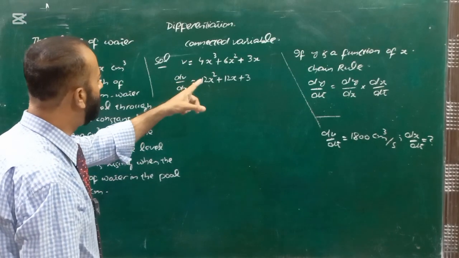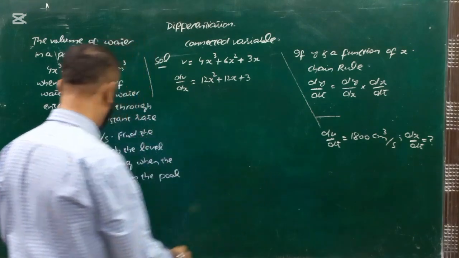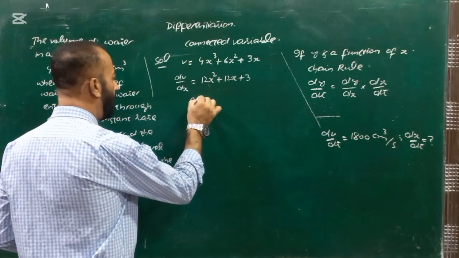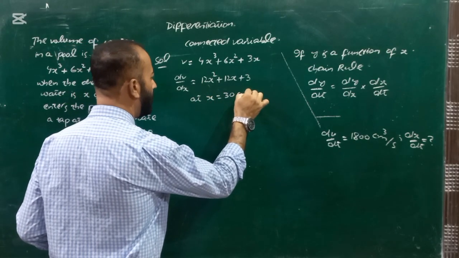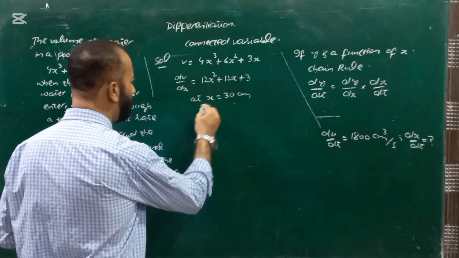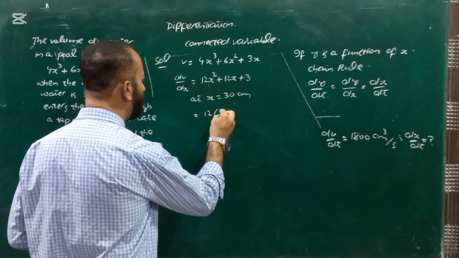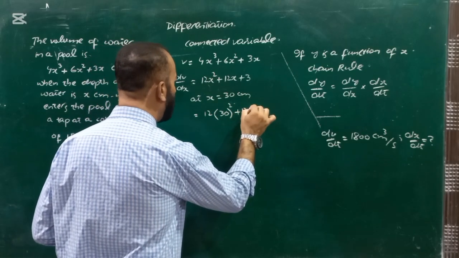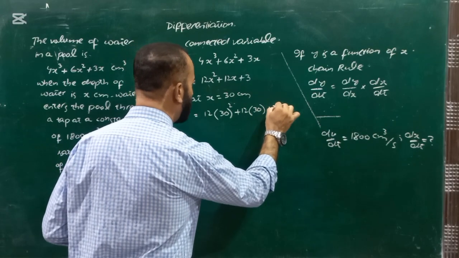At 30 centimeter, so at x is equal to 30 centimeter, putting value of x into the equation: 12 into 30 square plus 12 into 30 and plus 3 will remain as it is.